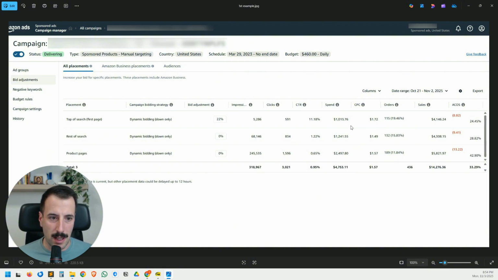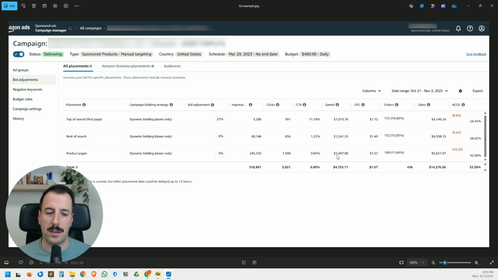We now see that top of search actually has the least spend, only $1,000 out of 4,700. Top of search has almost 20% conversion rate, while rest of search is at 15% and product display pages at 11%. And look at the breakdown of the ad spend. Now we see the reality.